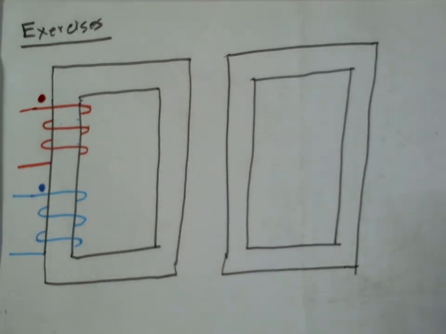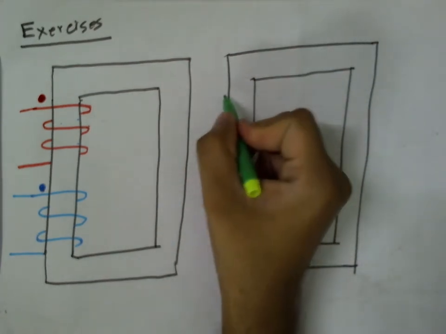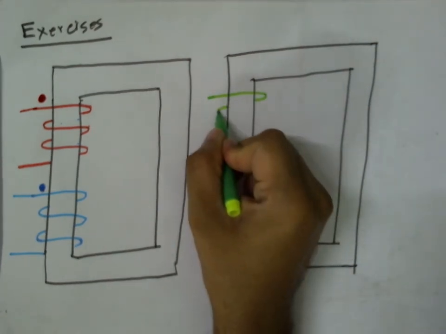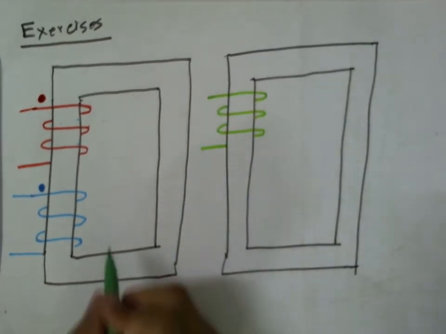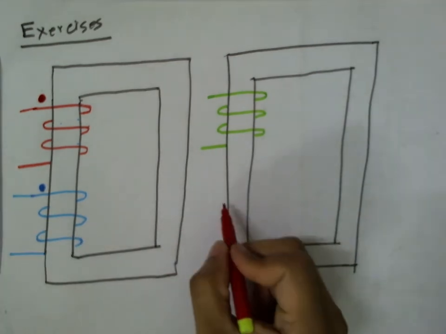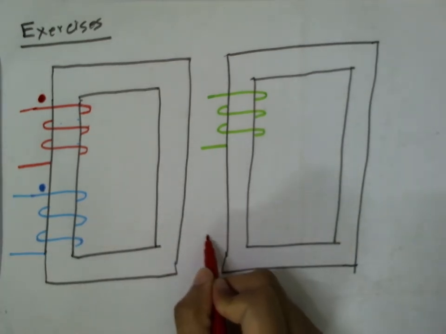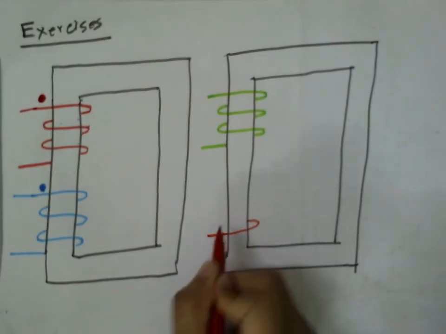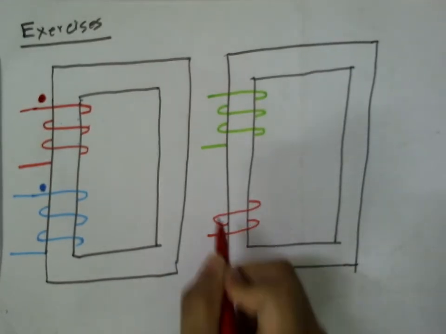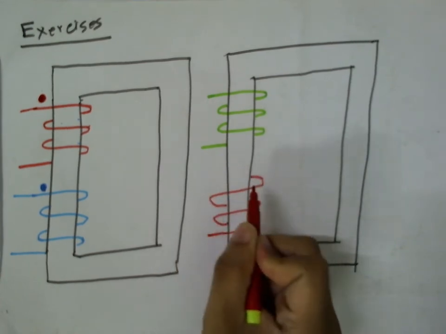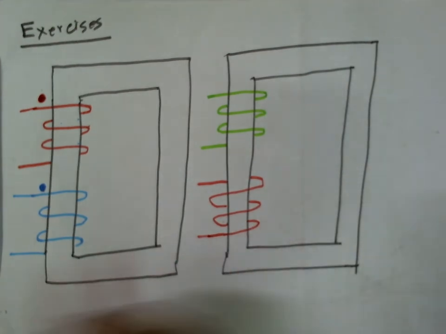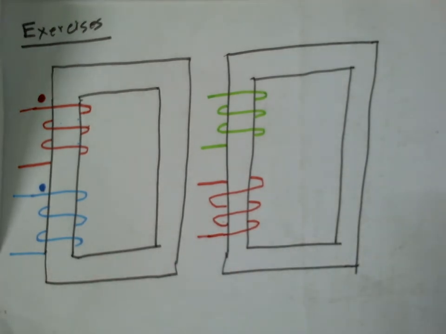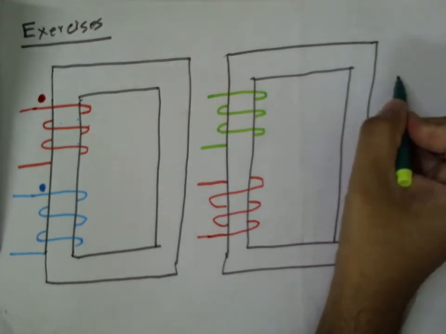And now I have a coil 1, then a coil 2, which is like this, and then a third coil, which is, say, like this.